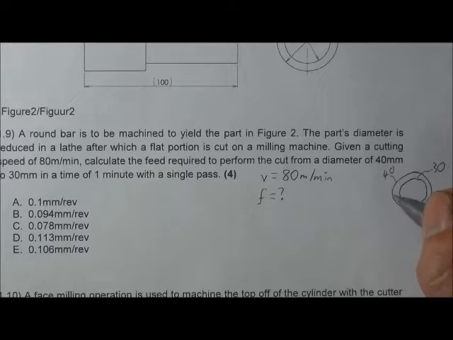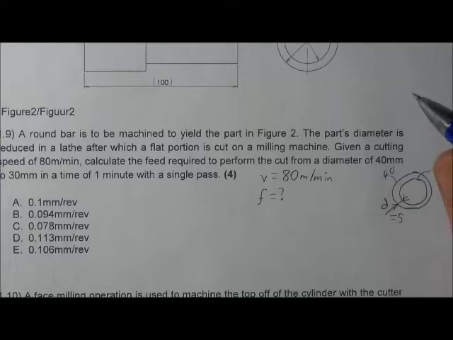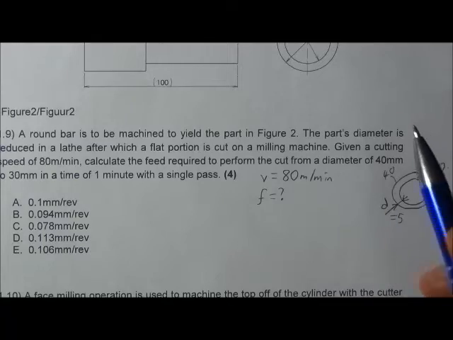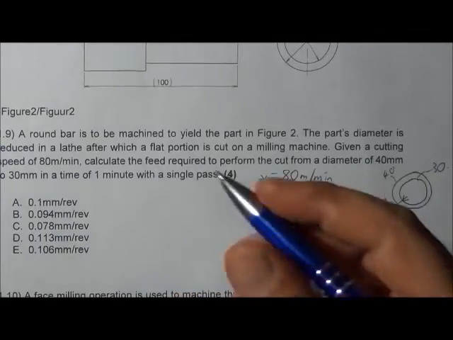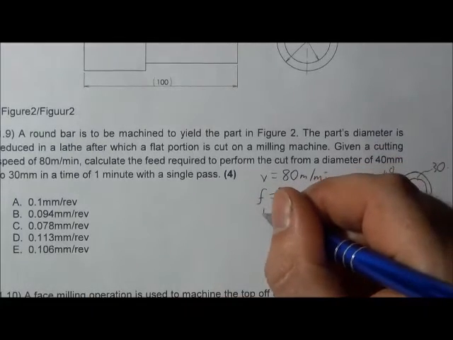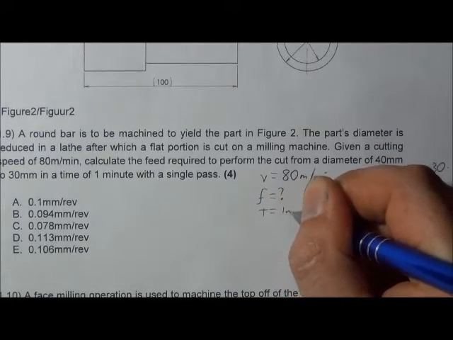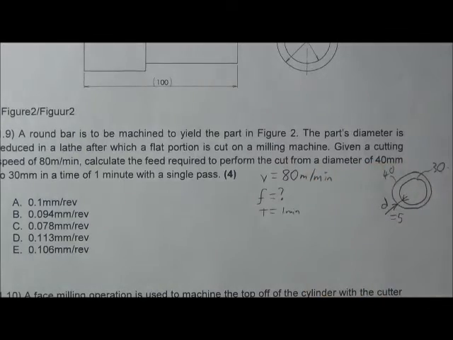So that means the depth of the cut, small d, is equal to 40 minus 30, which is 10, divided by 2, equal to 5 millimeters. Okay, good. Now we can try to calculate the feed. We're given time is 1 minute.